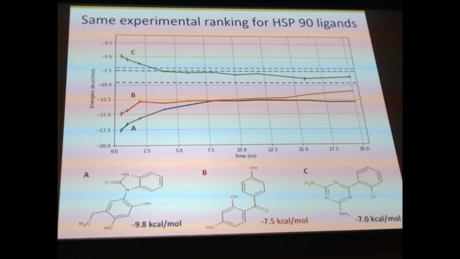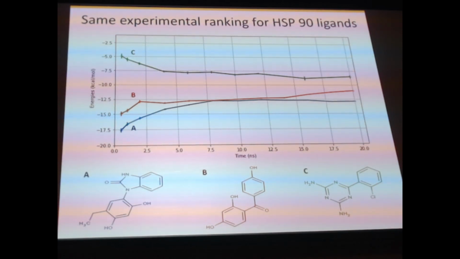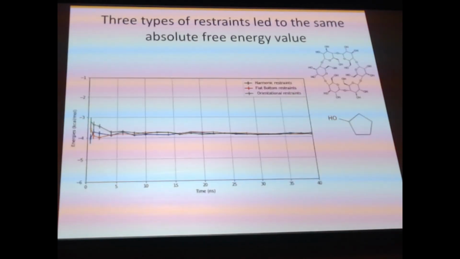Yeah, the ranking was good from the beginning, but as we can see here, compound C is converging in another direction than these two compounds. It's something curious to know why. So actually, if we compare to HSP90, here we have the different restraints.